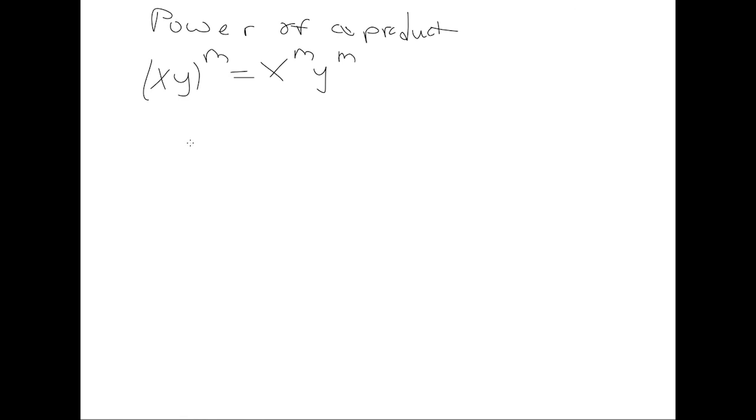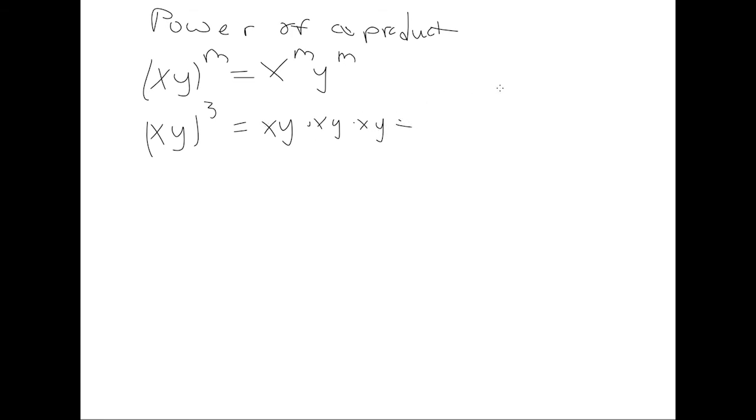And we can imagine this too, right? So let's use an example to prove to ourselves why this works. So let's say the power is 3, just as an example. That's going to be the same thing as xy times xy times xy, right?